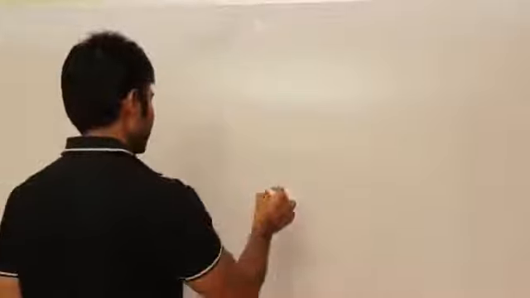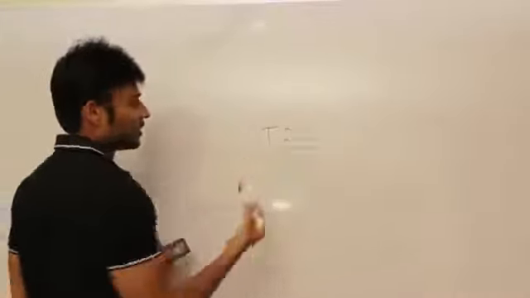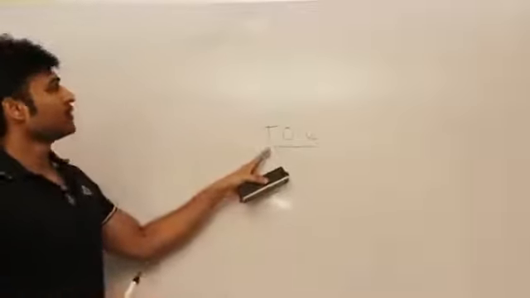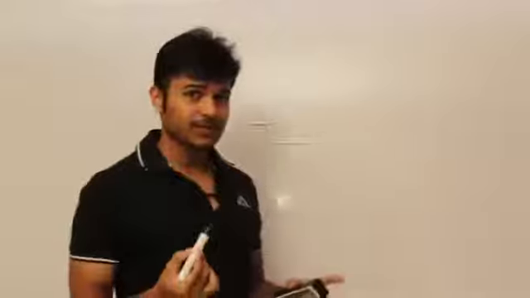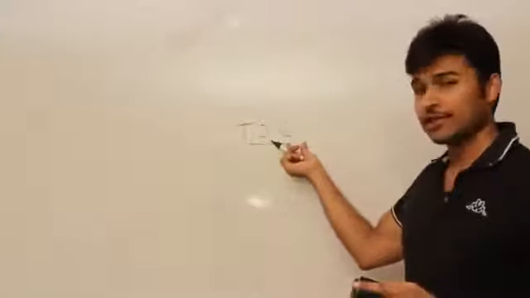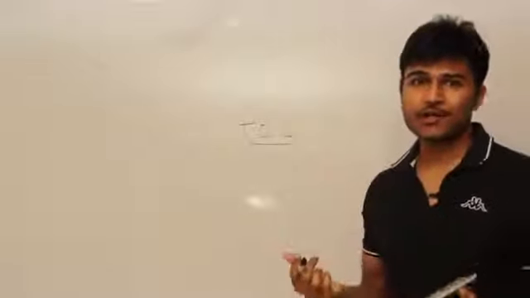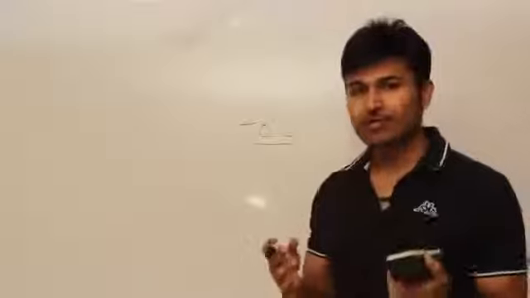Today I am going to discuss TOC, theory of computation. T means theory, O means of, C means computation. So by this name you must be understanding that this is something about computation. So what is computation? Computation is nothing but any task that can be performed by a calculator or a computer.